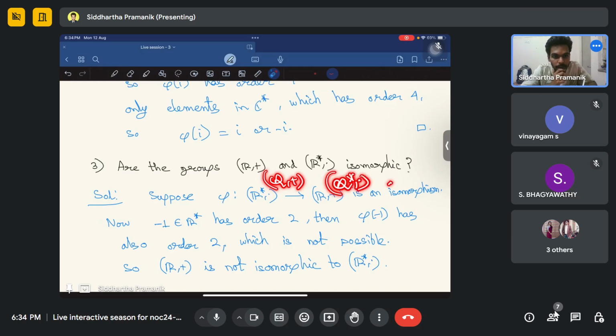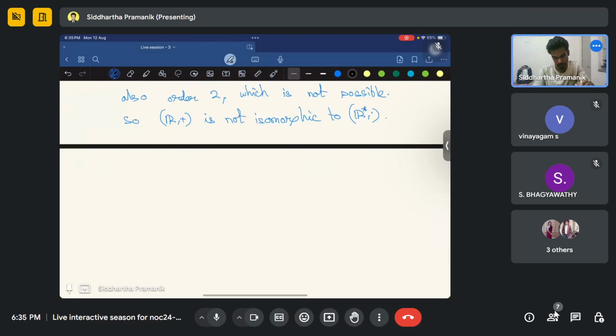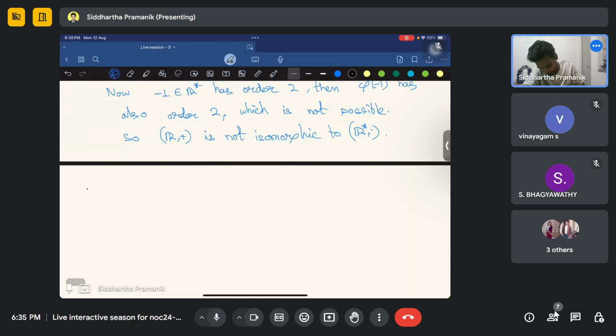Are they isomorphic? Can you use the same logic here? So we can use the same logic, right, to prove that they are not isomorphic.